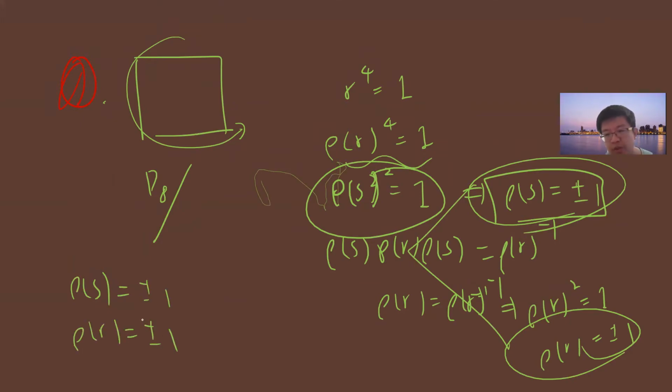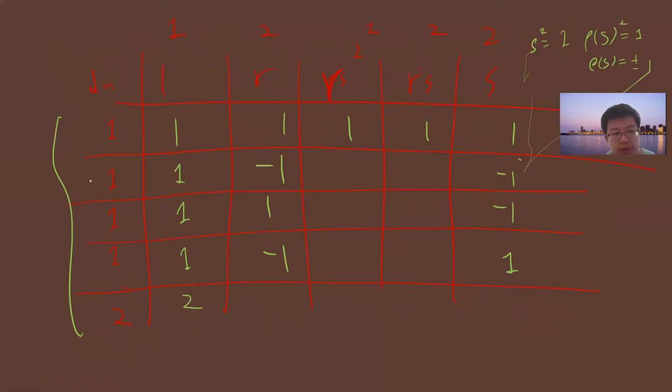Once I fix all of these, you already fix all these particular irreducible representations. So the only way that I can make there be four distinct ones is to choose R to be ±1, and there are two of them, and S can be two of them, right? So this is what we have. Okay.